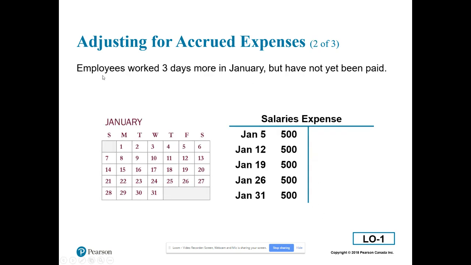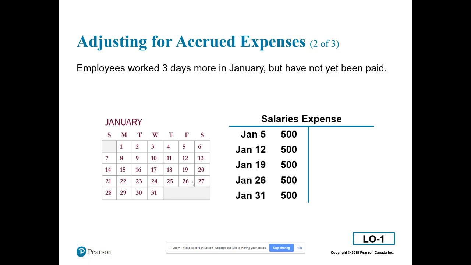So what I would do on January 31st, so January 5th, I say, well, there is $500. January 12th, $500. January 19th, $500. January 26th, $500.